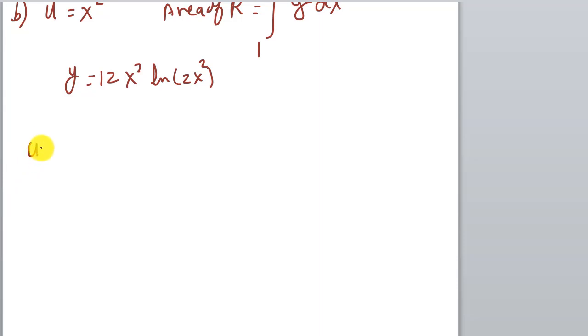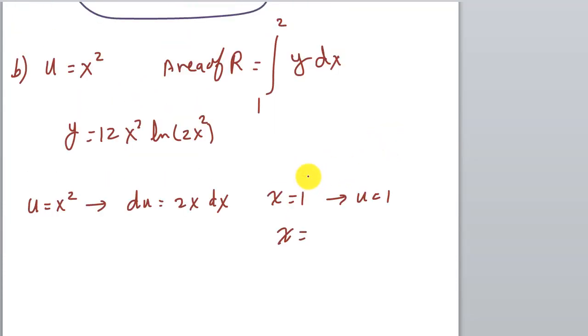Substitute, we have u equal to x squared, so from here du equal to 2x dx. x equal to 1, so u equal to 1. x equal to 2, according to the given data, u equal to 4.